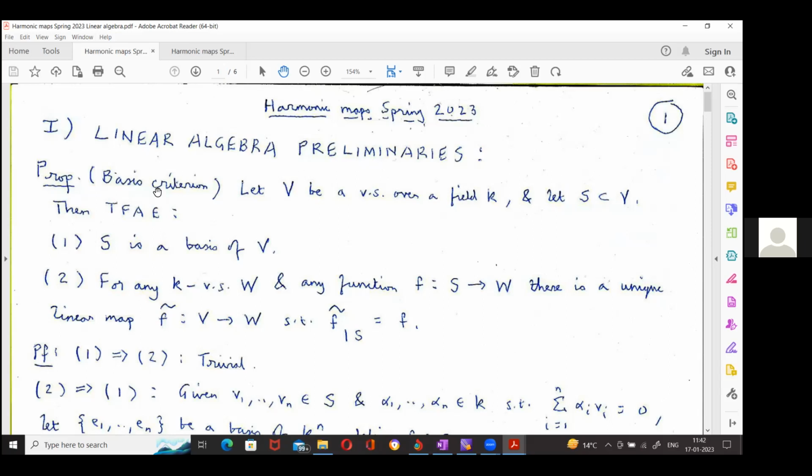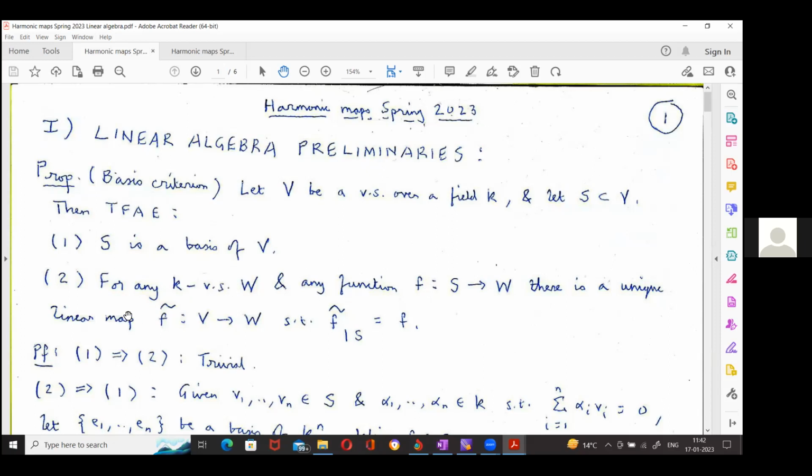So first, a very basic proposition, something called the basis criterion, which you may or may not have seen. Suppose V is a vector space over a field K, and let S be a subset of V. Then the following are equivalent: S is a basis of V, and for any K-vector space W and any function F from S to W, F has a unique extension to a linear map.